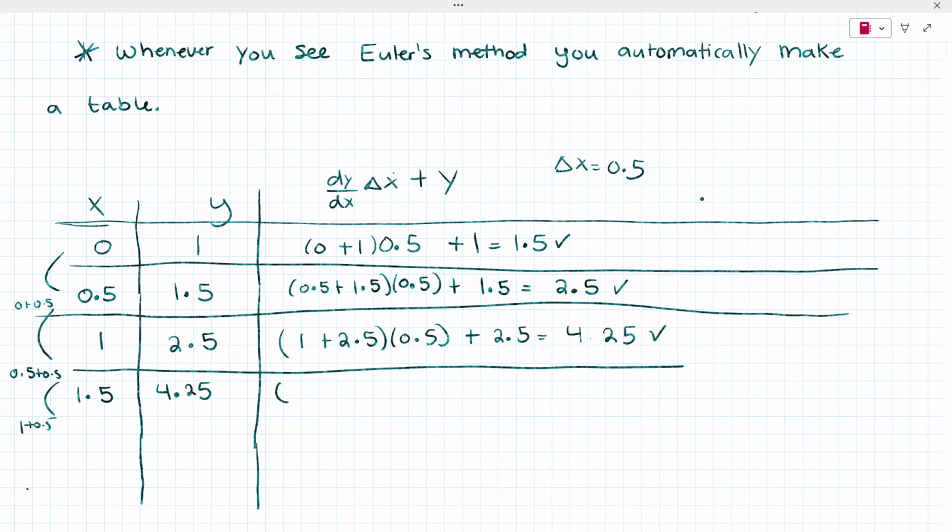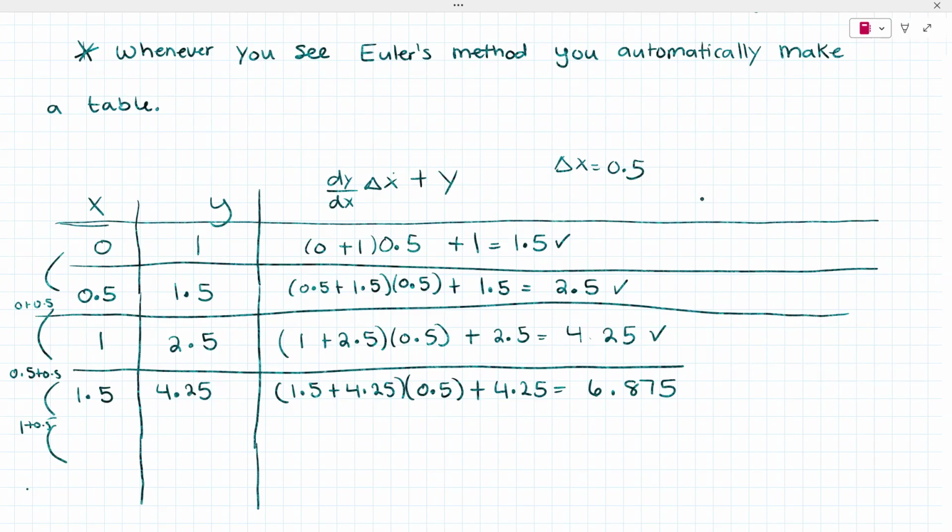Your x is 1.5 plus 4.25, times your delta x, which is 0.5, plus your y coordinate, which is 4.25, which is 6.875. Okay, keep on going because we want to stop at 2.